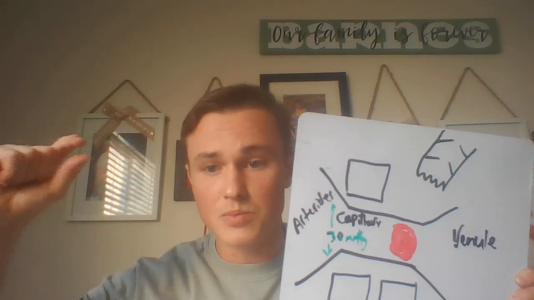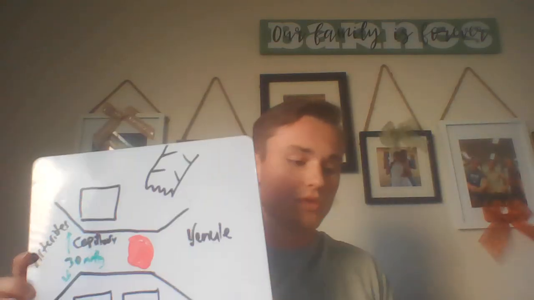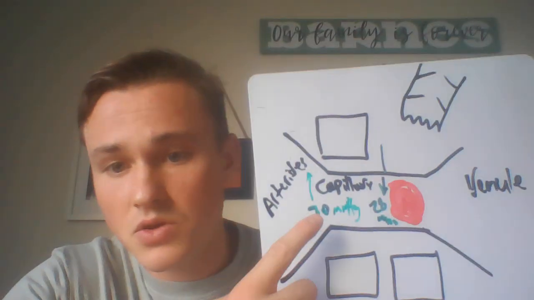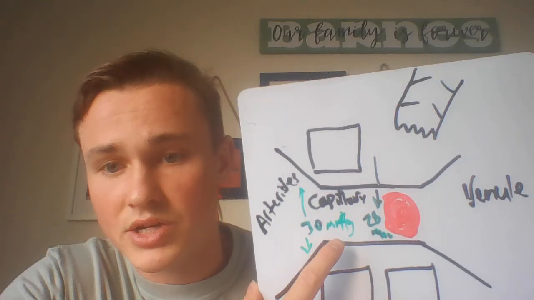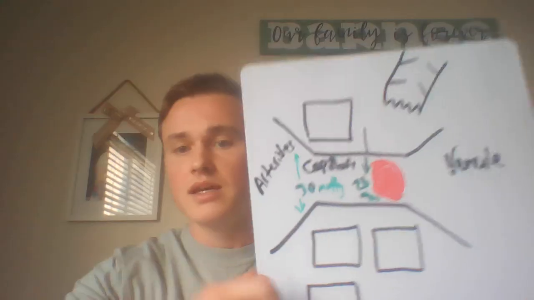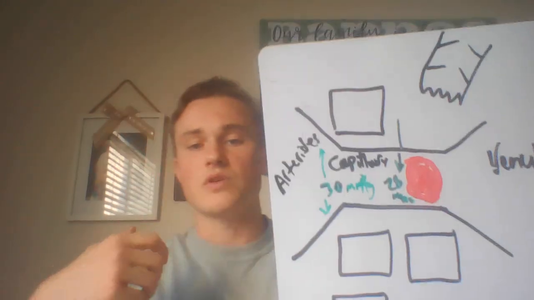And then, as we go through our capillary, there is a very thin wall of cells. That's what it's made up of, right? The cells. And they're going to allow certain fluids to come in, and that pressure coming in will add up to 28 millimeters of mercury. So let's assume that this 30 millimeter of mercury pressure on this side is pushing fluid out. And the reason it does that is for a number of things.